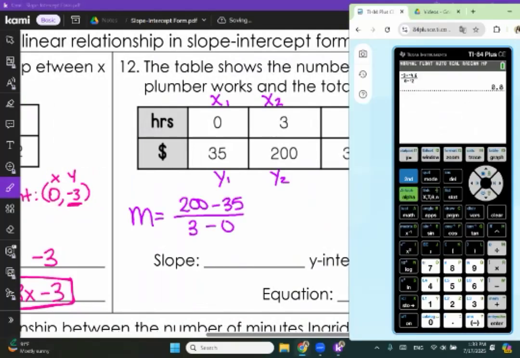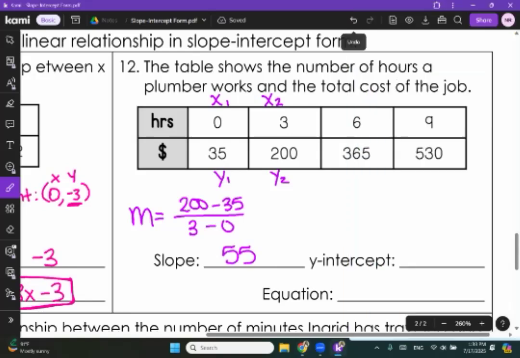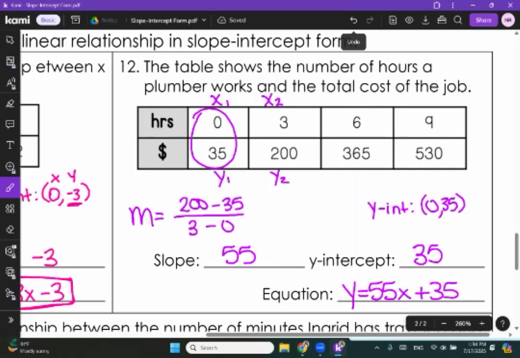Type that in, and we get 55. Your y-intercept, where do you find that 0? 0, 35. So your y-intercept is 35. Your equation, y is equal to 55x plus 35.